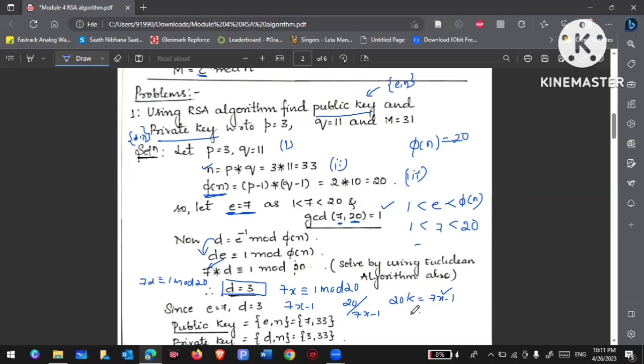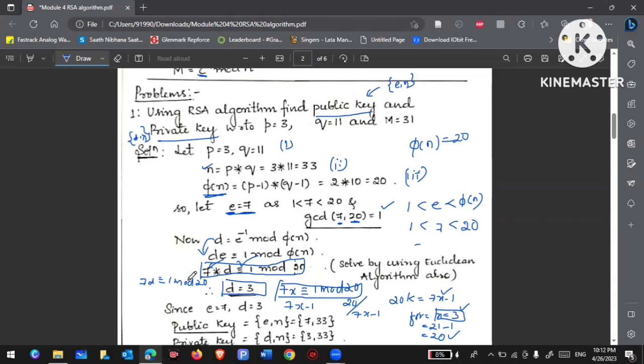So for x is equal to 3, how much you'll get? 7 threes are 21 minus 1, that is 20, which is a multiple of 20. Therefore, x is equal to 3 is true. In this congruence, x was the variable. Right now we have d as the variable. So for the value of d is equal to 3, this congruence is true. So therefore the value of d is equal to 3 is correct.